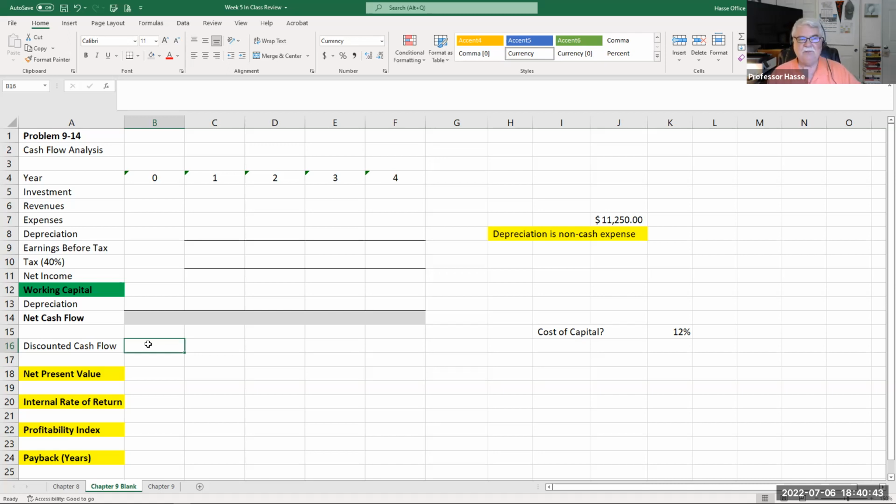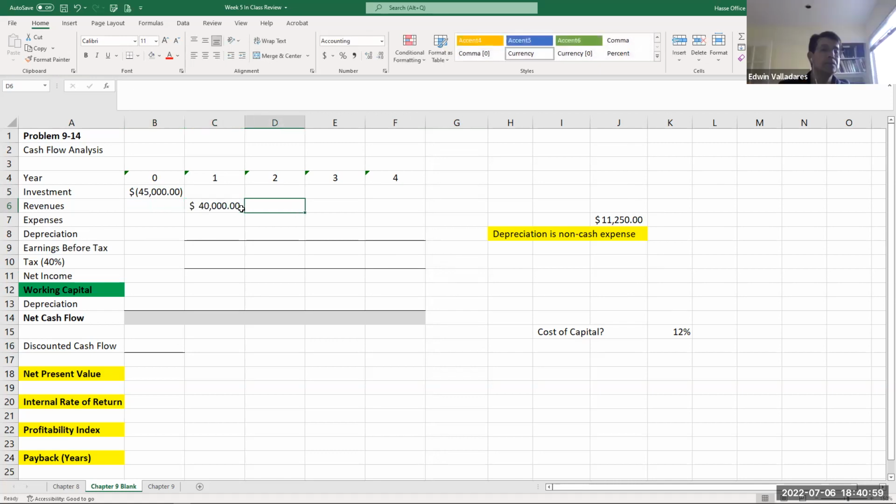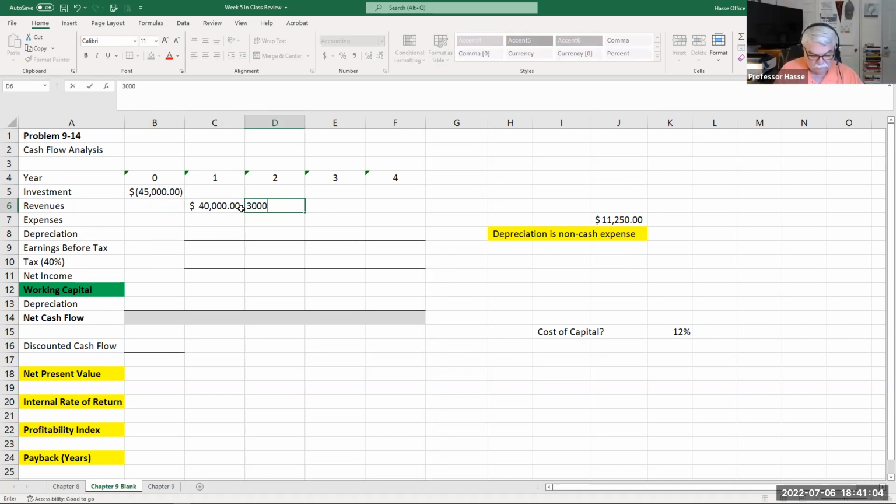All right, so in this project, they're telling us that our investment is $45,000 in year 0. We're generating $40,000 in year 1 in revenues, sales. $30,000 in year 2. $20,000 in year 3.